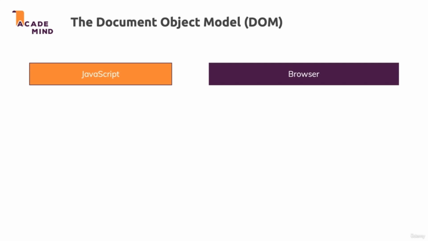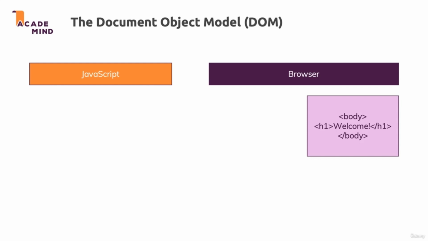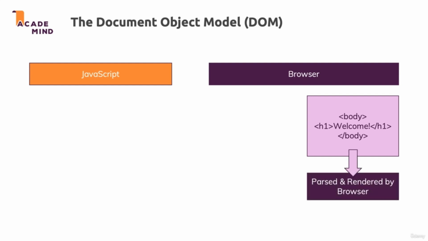And now let's say on our web page, where this JavaScript code is loaded eventually, we also render this basic HTML code. Now, of course, we also have a head in our HTML code, but let's say this is what's in our body there. So what actually happens is that when this HTML file, that HTML document is downloaded, the browser goes over it and parses it and renders it.